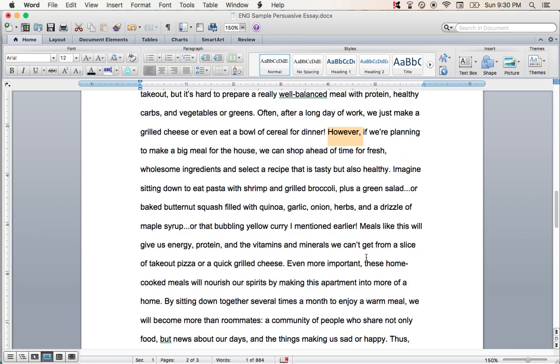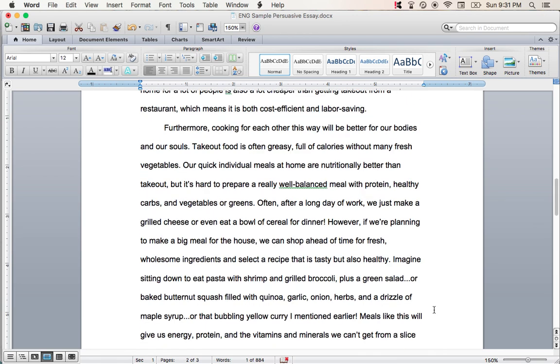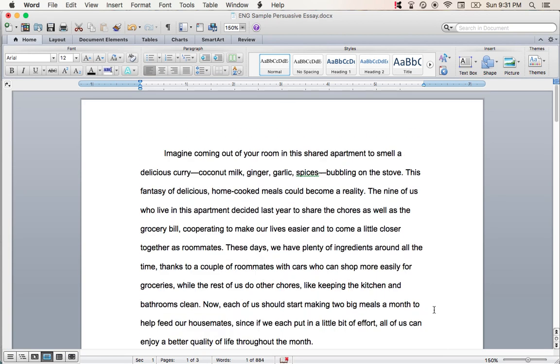So, or even more important. This is a signal phrase that's saying, now I'm going to talk about something slightly different, and it's even more important than the point I was just making. Thus, therefore, so, as a result of what I was just saying, this thing I'm about to say is true. So remember to use signal words, too, as you're actually drafting your persuasive essay.